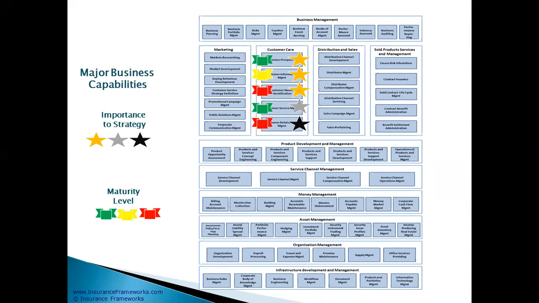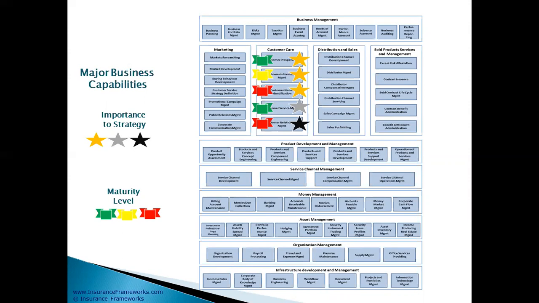In the strategies here, we have three gold stars. So basically, three of those capabilities will drive the strategies of the organization, but only one capability has a poor maturity level, and it's the third one, customer needs identification. So let's focus on that one and go down one more level.